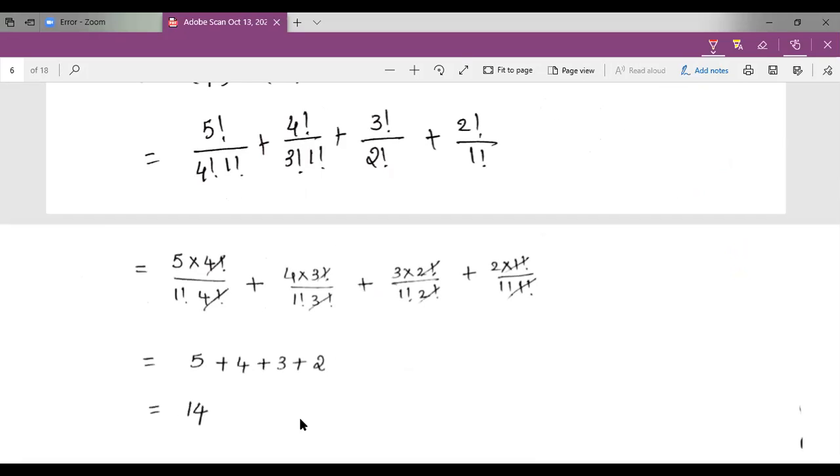So totally we have 14 ways to distribute 12 oranges to 3 children with their given constraints. This is the solution for the given problem.